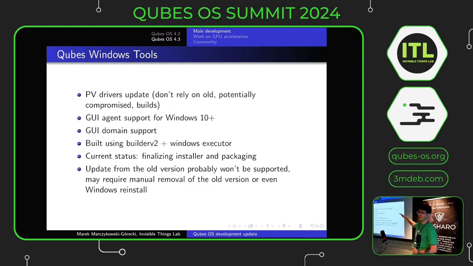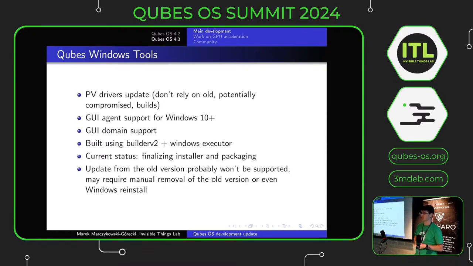But at the same time, we are doing a lot of updates to Qubes tools, especially the GUI agent for new Windows. So you will have individual windows from individual applications, as you can on Linux, also in Windows 10 or newer.